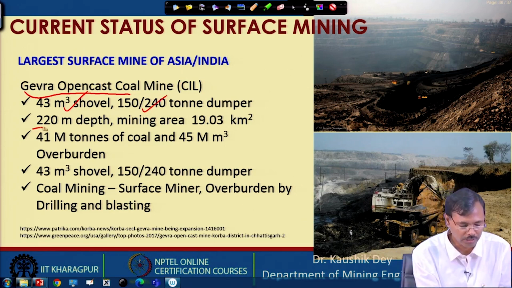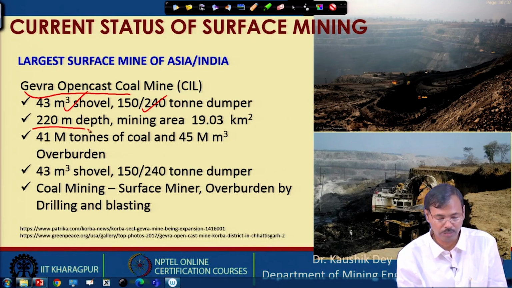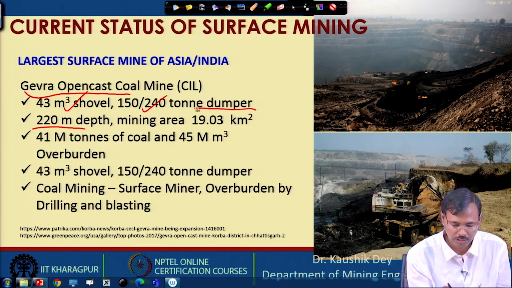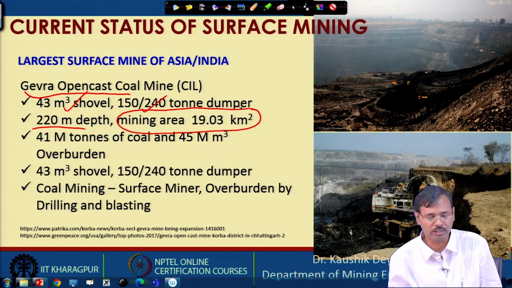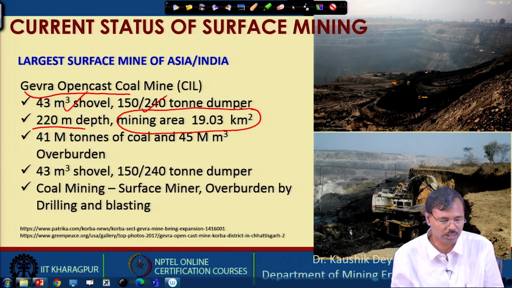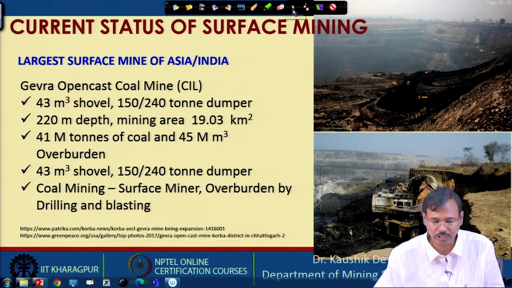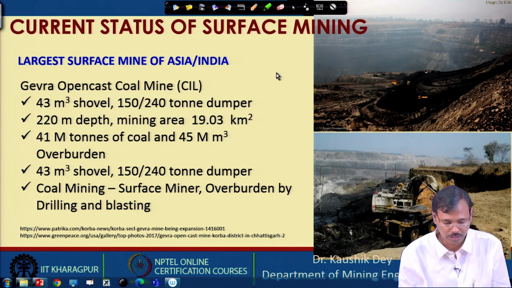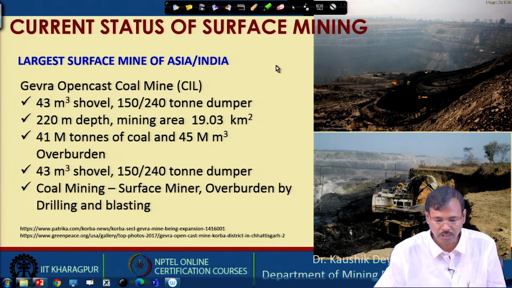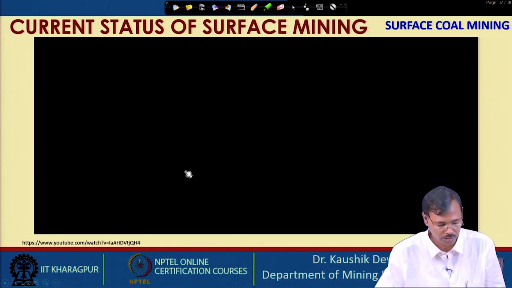Its current operating depth is only 220 meter, but you see the leasehold area is much higher than the Bingham copper mine: 19 square kilometer. So, this is a very big mine. In fact, this is the largest mine of Asia also, and its yearly production is 43 million tons of coal.